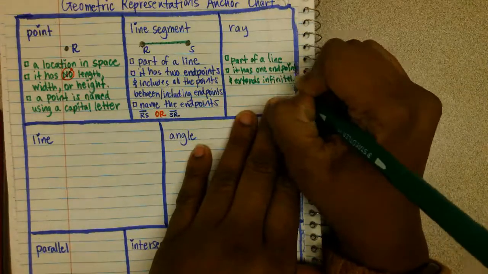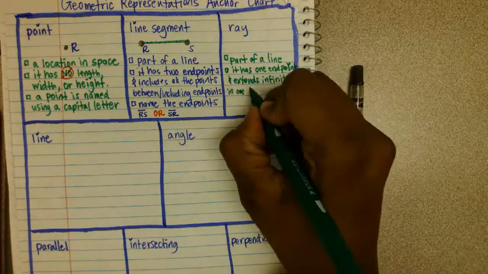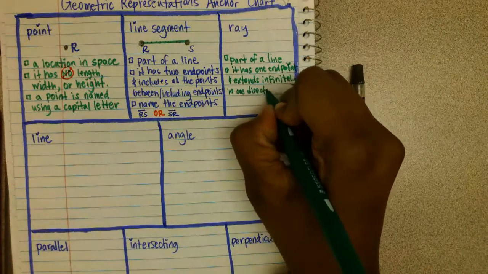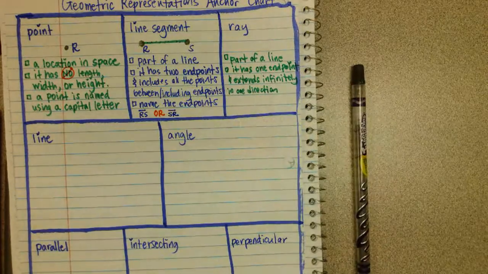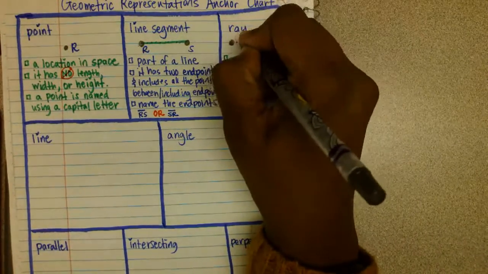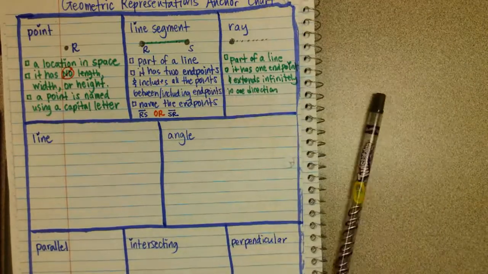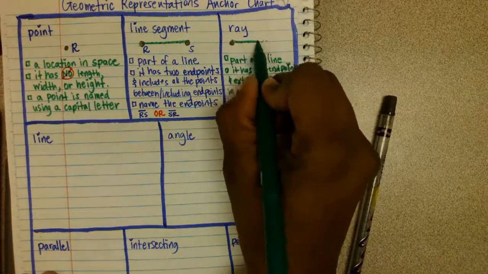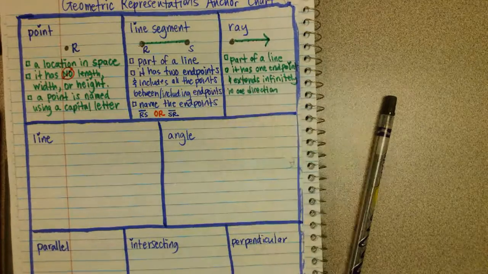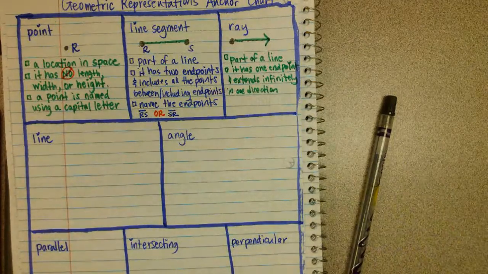That means forever, in one direction. So there's its one endpoint. But it goes on forever in the other direction, and we use an arrow to represent forever.